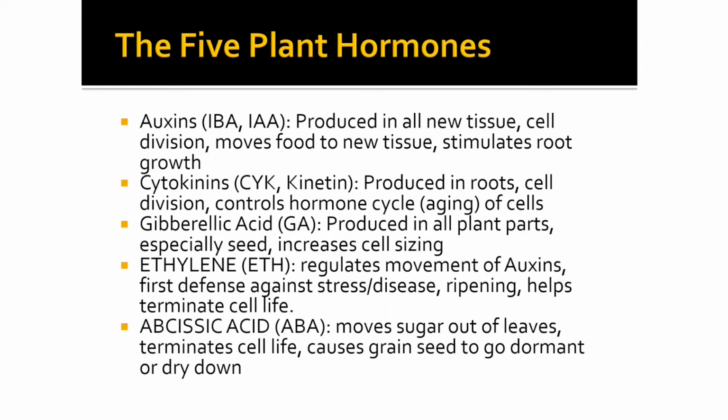These are the 5 essential plant growth hormones that I want you guys to know. So basically, you have auxins, cytokinins, gibberellic acid, ethylene, and abscisic acid. So these are the 5 essential plant growth hormones. In ag, you should all have these memorized.